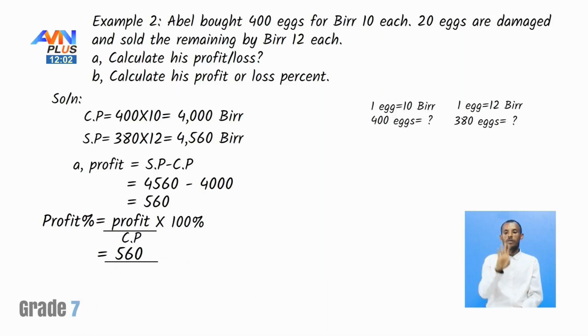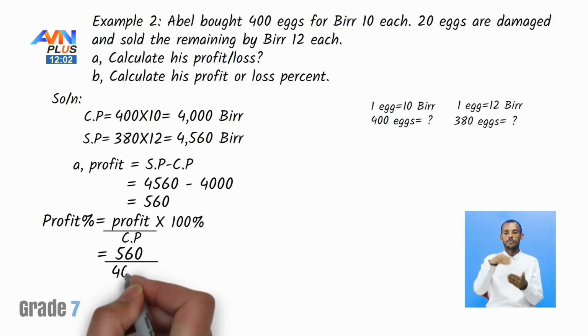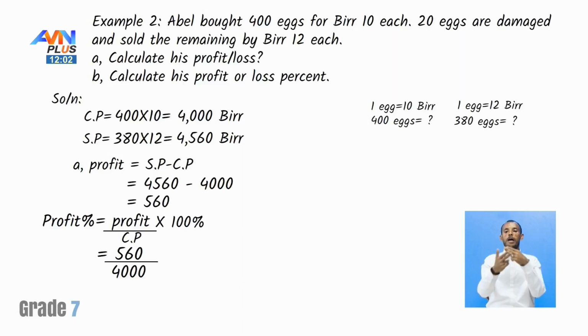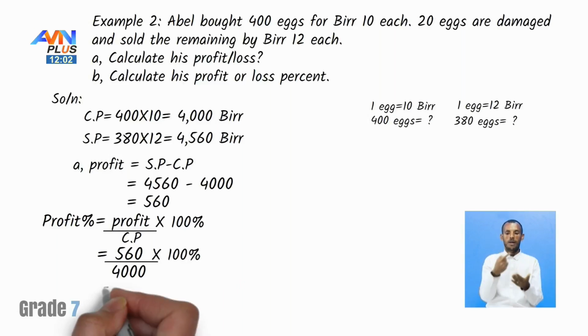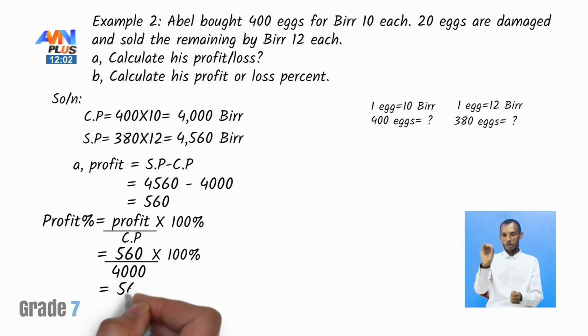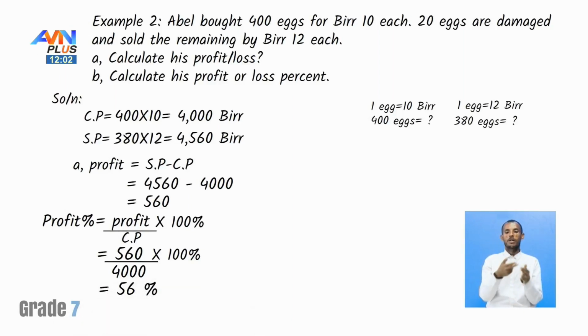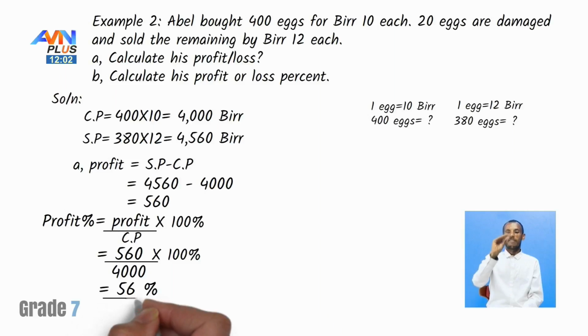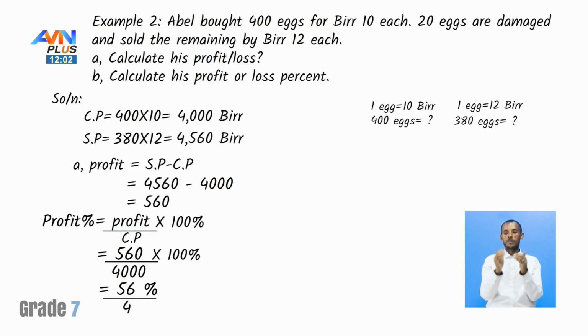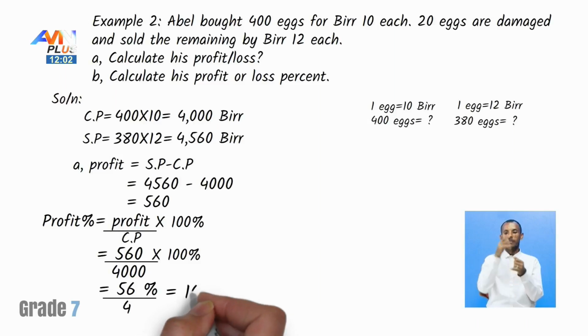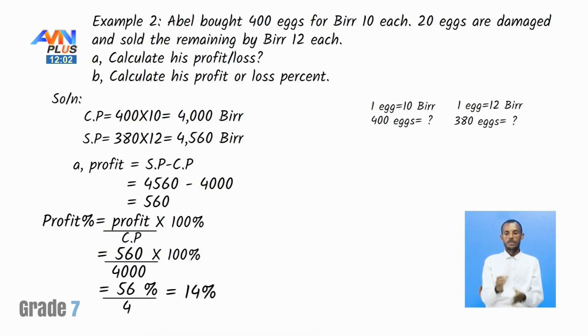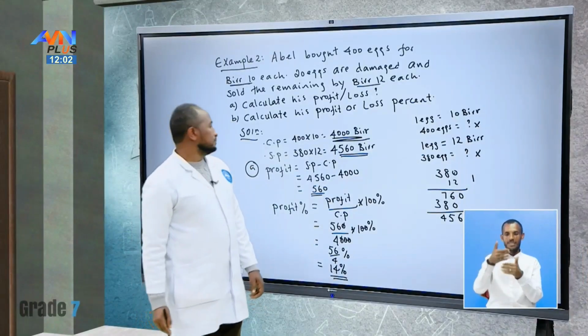It is 4,000, times 100%. So here, you can cancel 2 zeros by 2 zeros. You will have 56 divided by 4. So finally, when you divide this, you will have 14. So this will be the final answer. Now, we'll proceed to the next example.